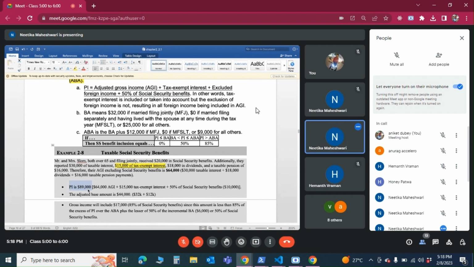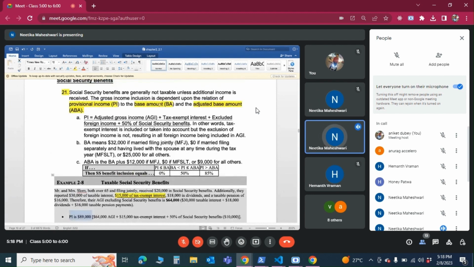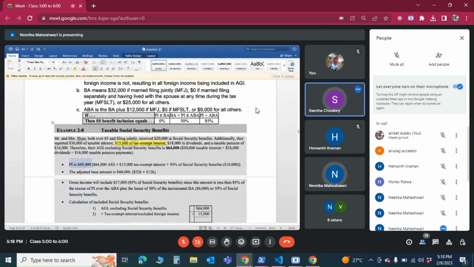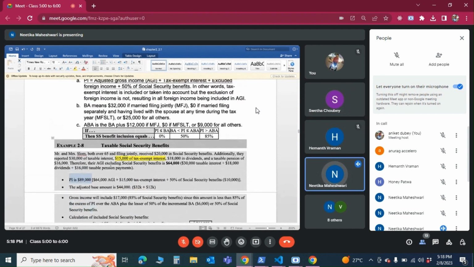Okay. What is the BA here? What is the base adjustment amount or base amount? 32,000. No, that was a tricky question, Shweta. Yes. I didn't ask what is ABA. I was asking what is BA.